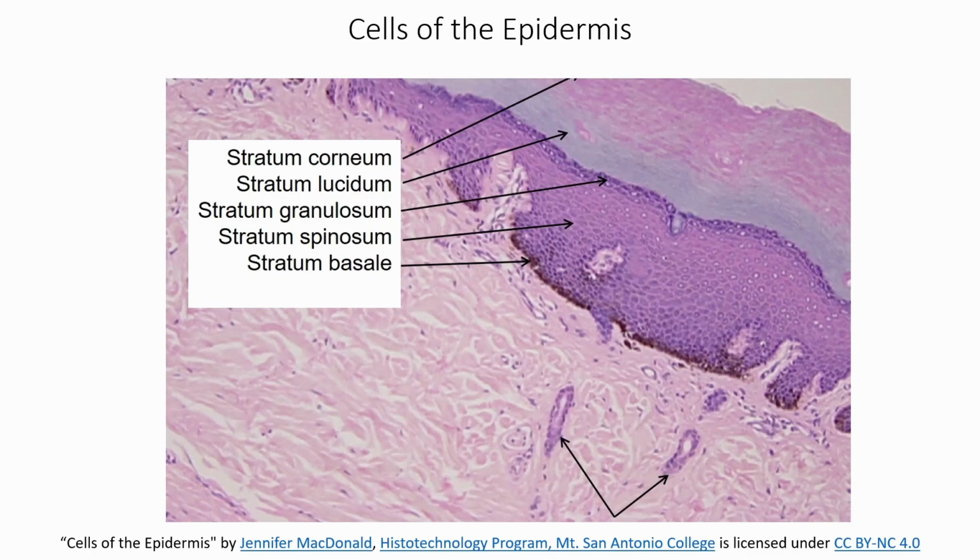We're seeing that it goes from a purple color to almost a maroon. Instead there are some brown hints to that stratum basale. Underneath that, everything in that lighter pink is the dermis. That's going well beyond the epidermis at that point.